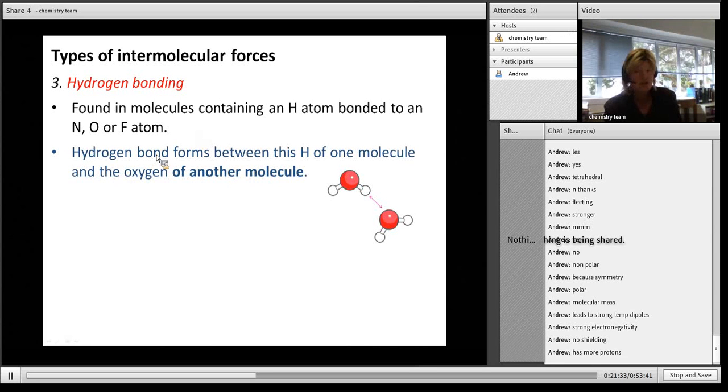The actual hydrogen bond is from the hydrogen of one molecule to the oxygen or nitrogen or fluorine of another molecule. And I think the easiest way is to simply draw it, because if you draw the thing, then you know immediately what's covalent and what's the actual hydrogen bond.